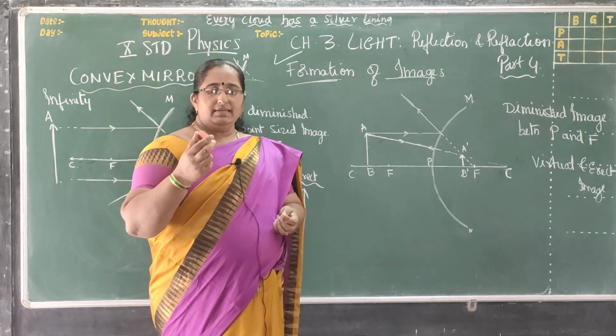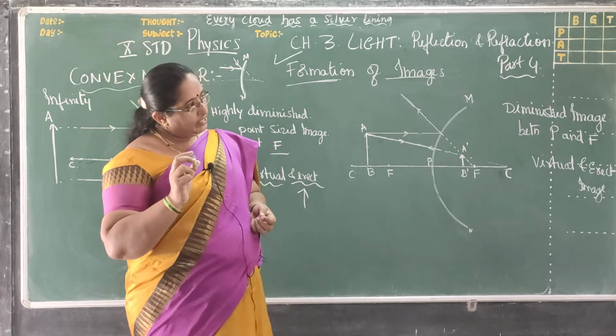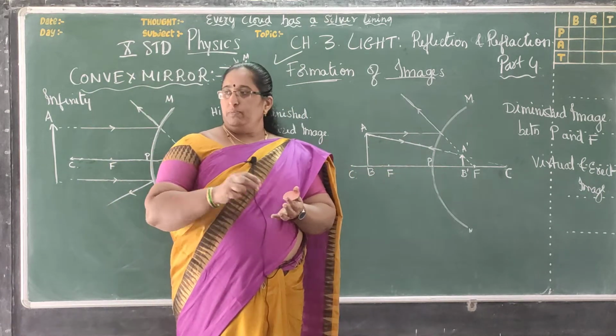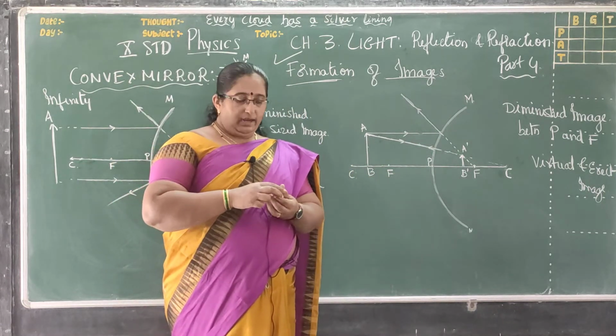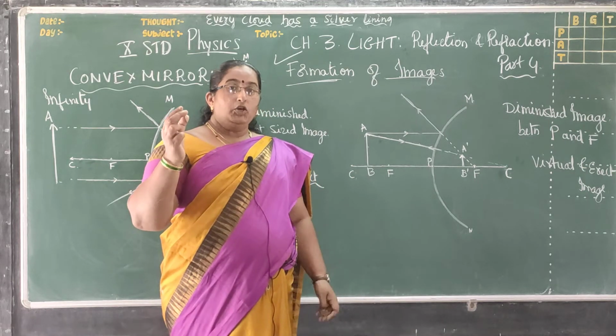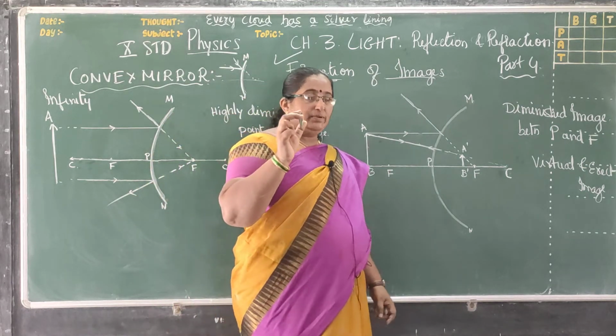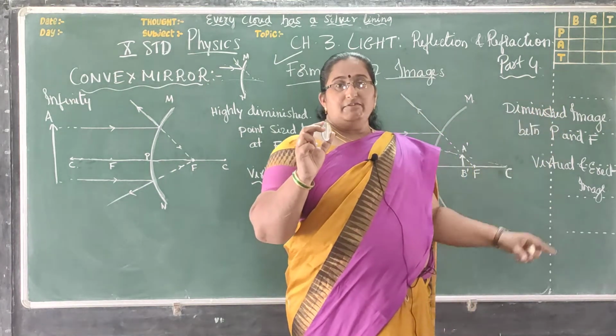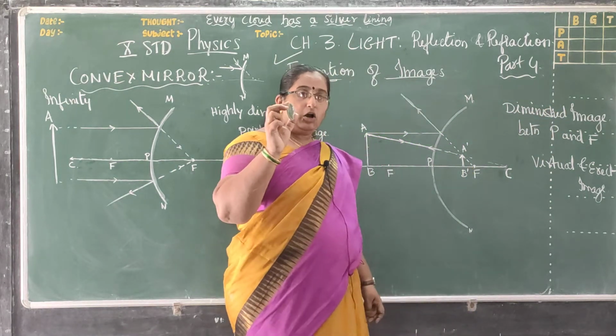If you try seeing any tree which is far away from outside with a concave mirror, a plane mirror or a convex mirror, you observe that in a convex mirror you can have a full view of the object which is at infinity.